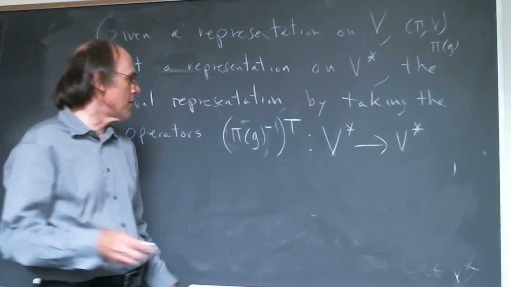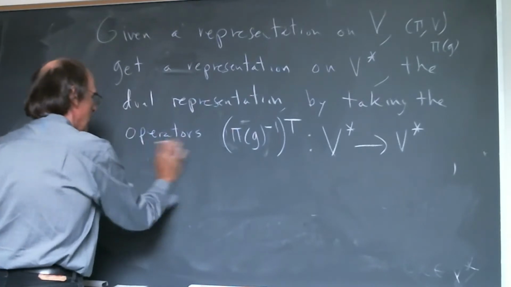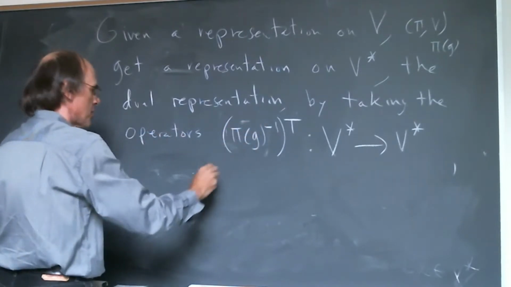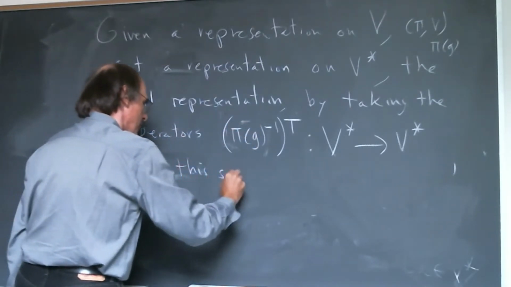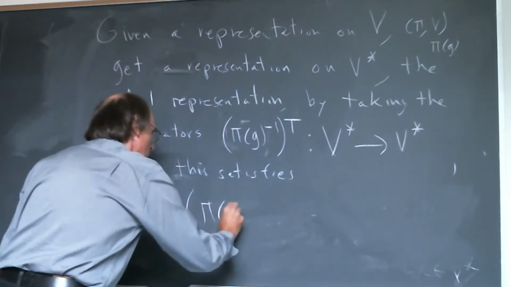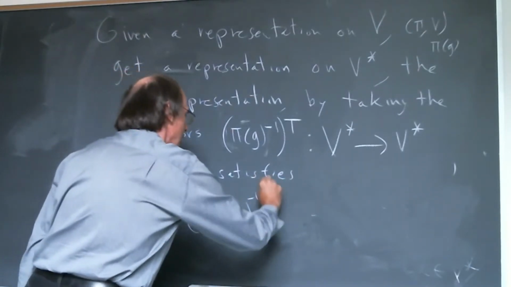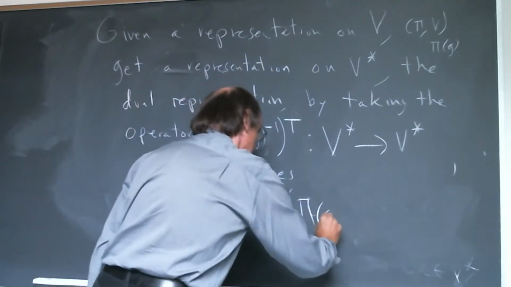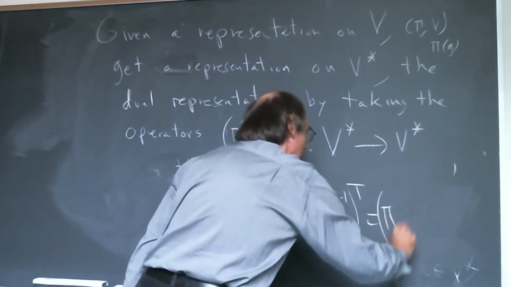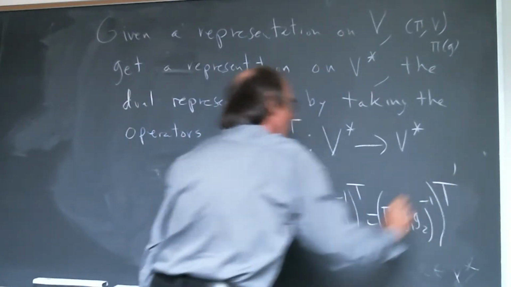And the point is, remember that you need this to get the homomorphism property. So this satisfies the homomorphism property that pi of G1 inverse T pi of G2 inverse T is pi of G1 G2 inverse T. Okay.